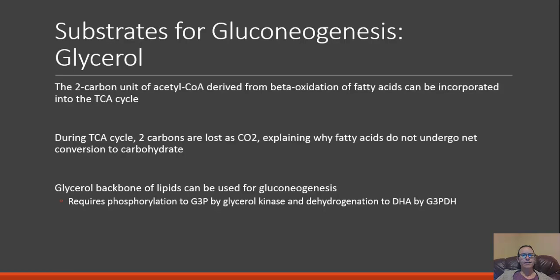So really, when fatty acids are degraded as an intermediate to the TCA cycle, we don't have any net conversion to carbohydrate. But the glycerol backbone of lipids can be used for gluconeogenesis, and this requires phosphorylation of G3P by glycerol kinase and dehydrogenation by G3P dehydrogenase.